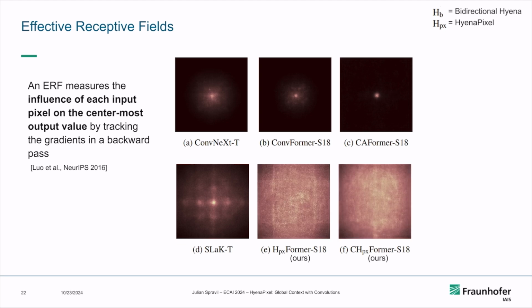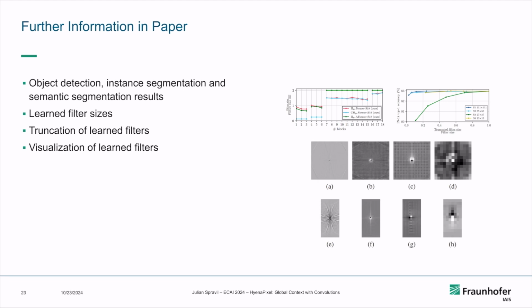If we look at HyenaPixel, we see that it covers the whole effective receptive field visualization. It has some horizontal and vertical artifacts, but these disappear once we use convolution in the first two stages of the network. We provide further information in the paper on object detection, instance segmentation, and semantic segmentation.